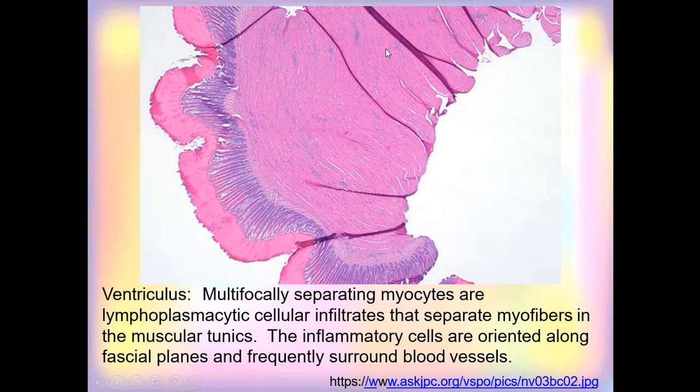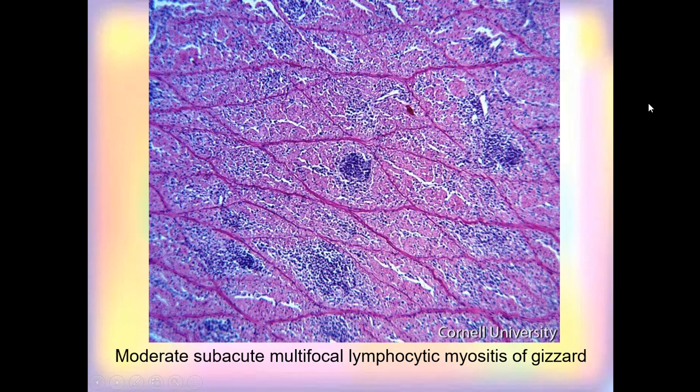Here this is also lymphocyte cell aggregates, lymphocyte accumulation in the muscle of the ventriculus, and it can develop into inflammation of the muscles, or myositis. This occurs in the gizzard.